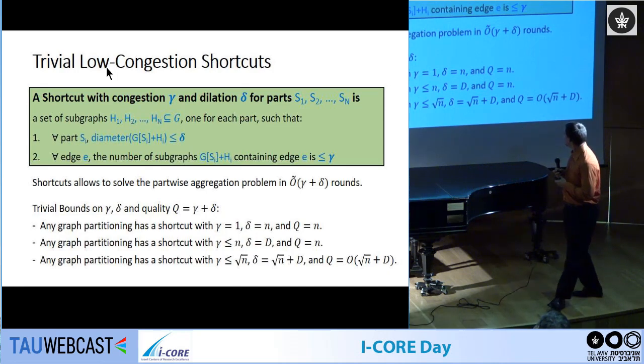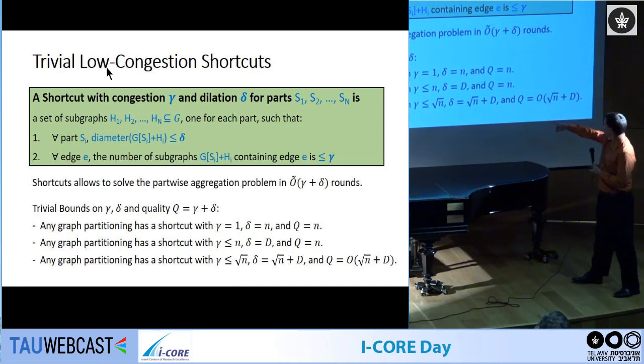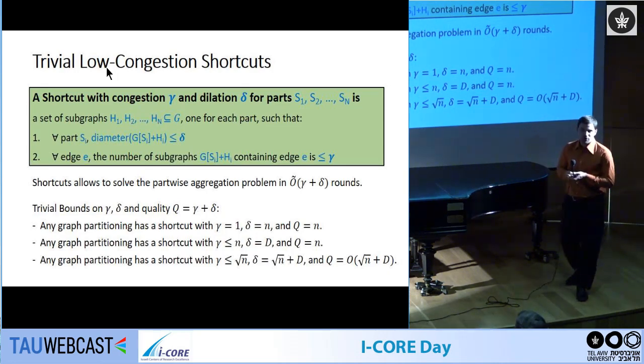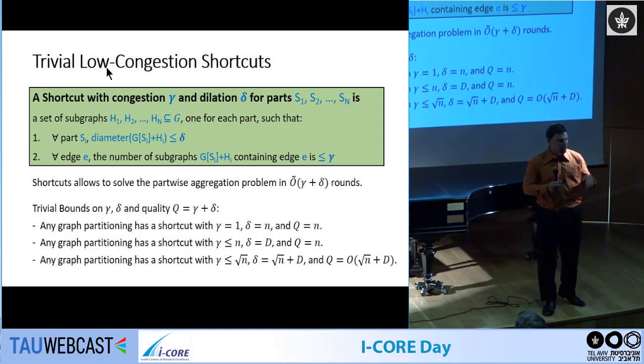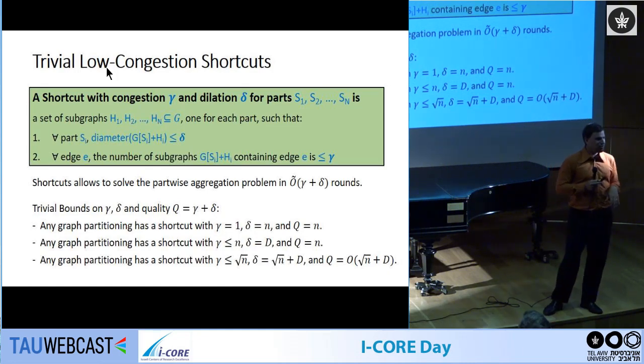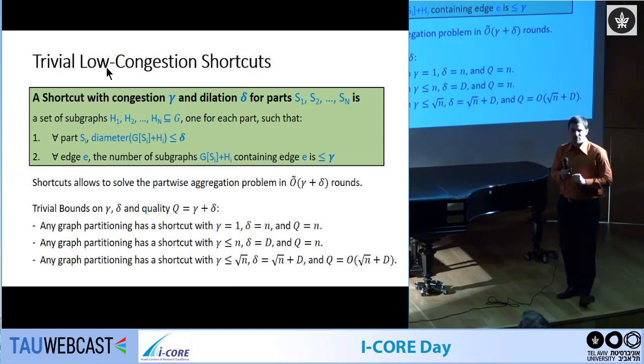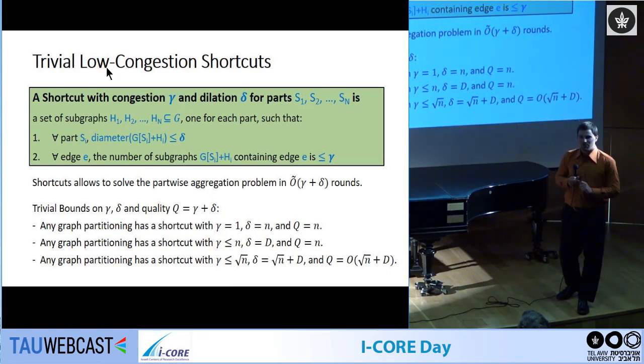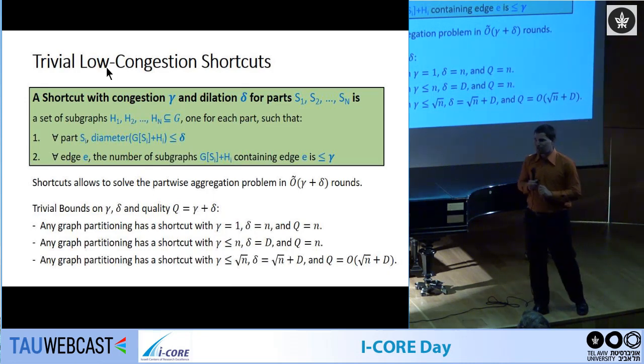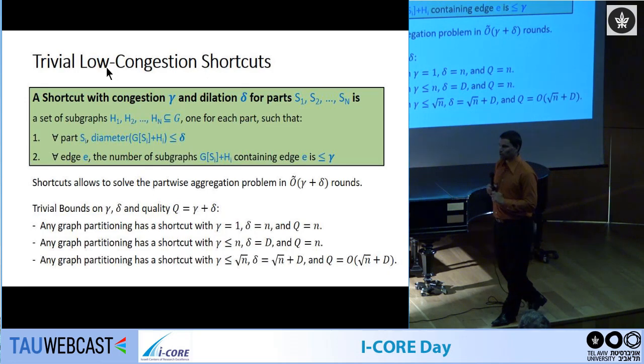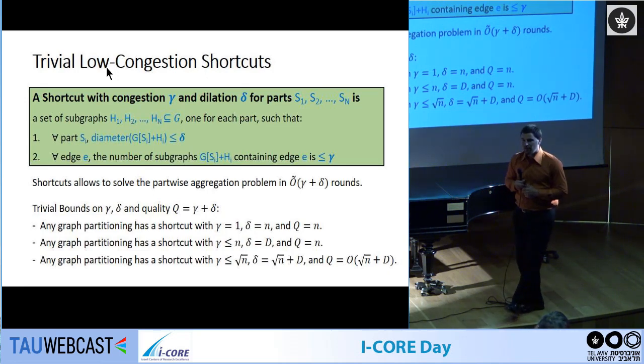So here, the dilation that we're shooting for is square root of N plus D. Let's ignore the D, square root of N. So which parts do I really have to shortcut? Not degree, but diameter.